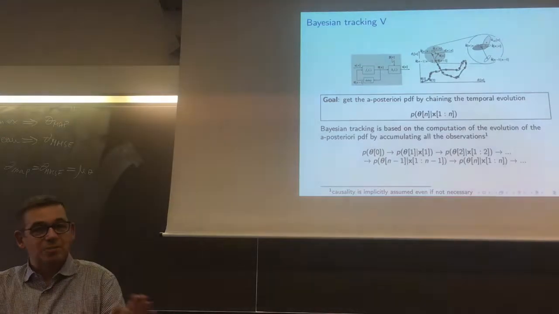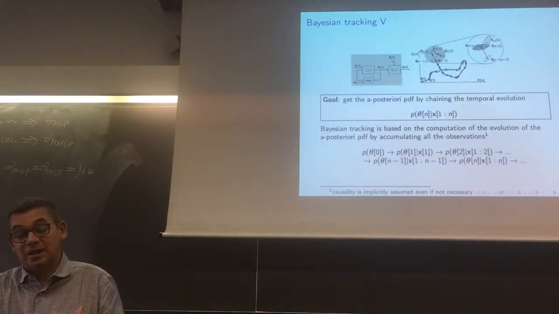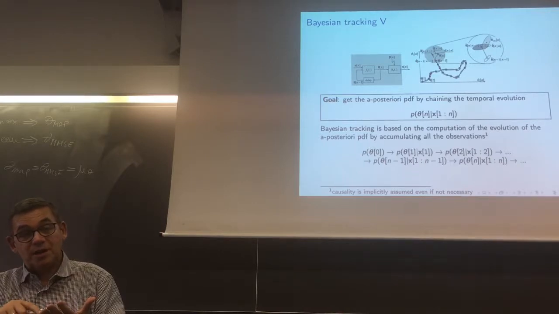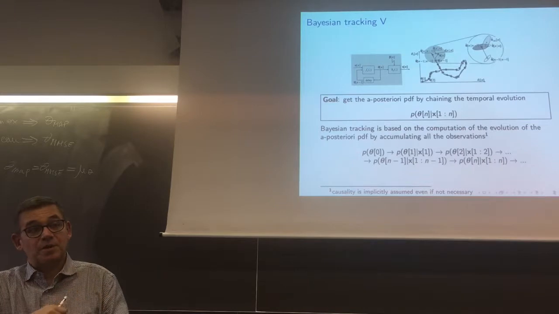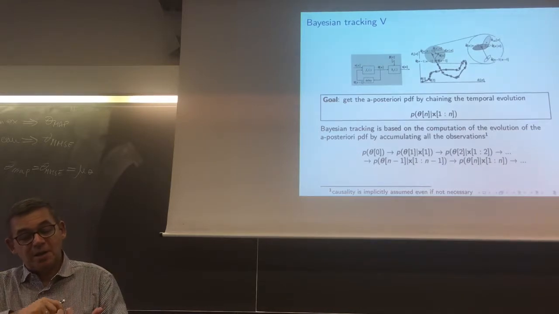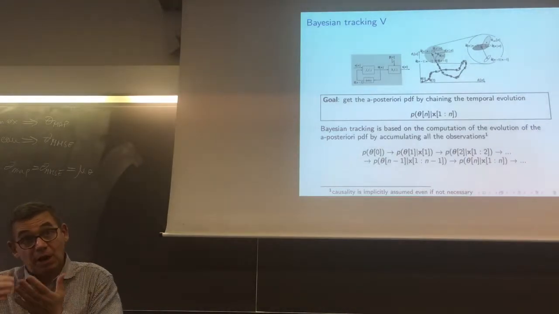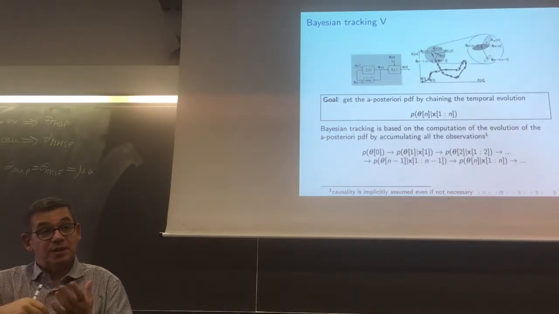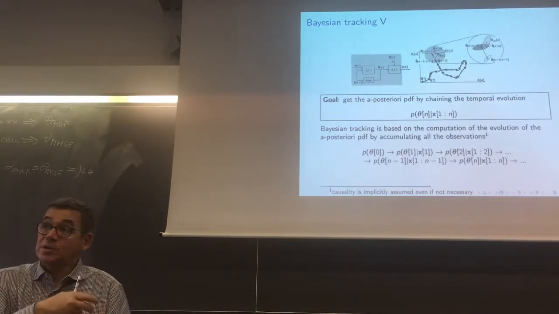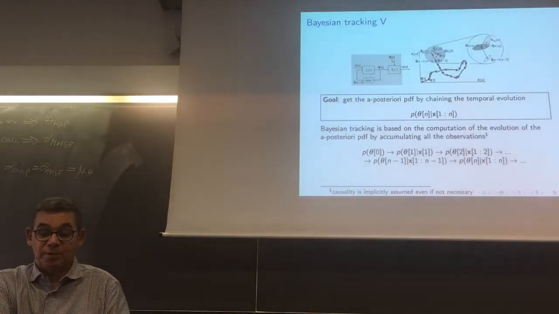In order to get to it, I need to put together the information that comes from the data on the previous iteration. Bayesian tracking is carried out by putting together, one after the other, the estimation carried out using the data up to a certain point.